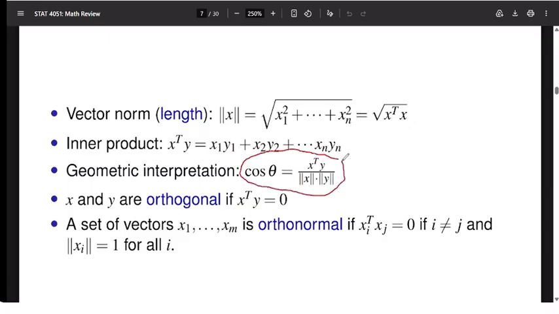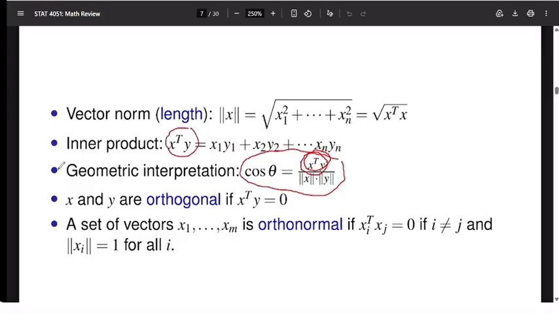Which means to figure out the angle between two vectors, without inner product and without vector norm, there's no way we'll be able to do that. If you look at the numerator here, that's an inner product, right?